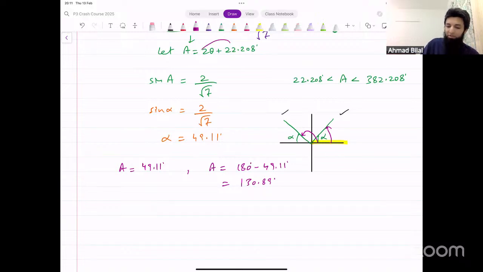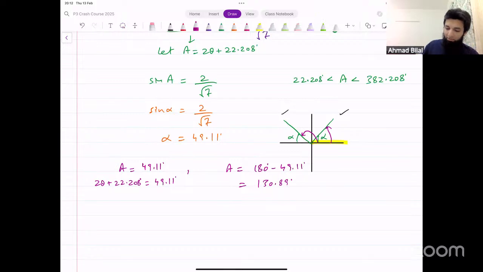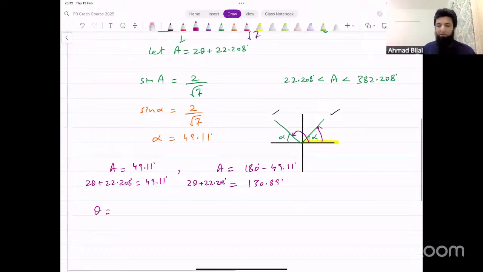Put that substitution back, 2 theta plus 22.208 equals 49.11, or 2 theta plus 22.208 equals this. You'll find the values of theta from this. You can see what they are.